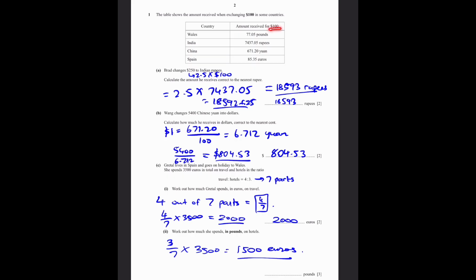Now you can see that $100 is 85.35 euros. So that means $1 is 0.8535 euros by just dividing both sides by 100. So 100 by 100 is 1, and this by 100 is this. Now the amount of dollars which he spends is going to be 1500 divided by 0.8535.